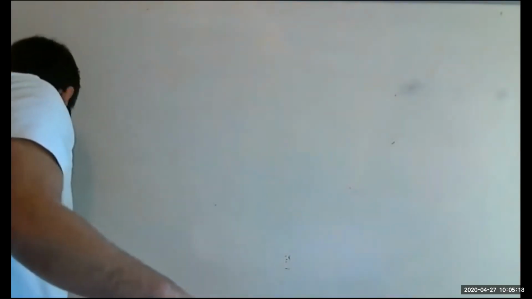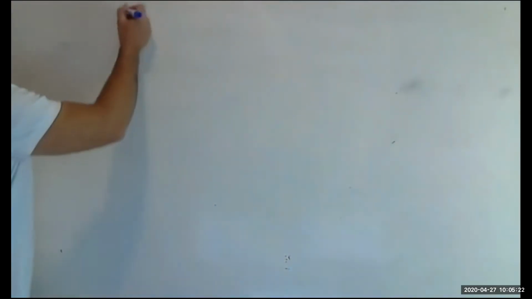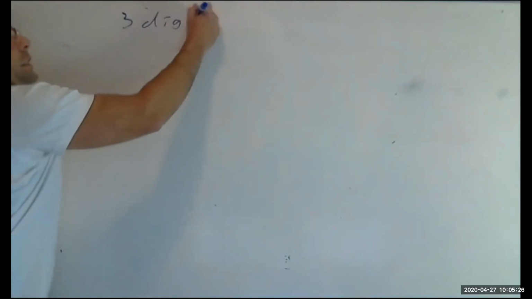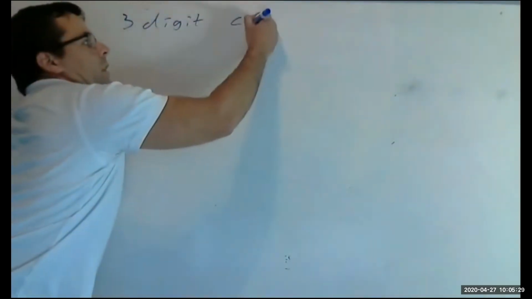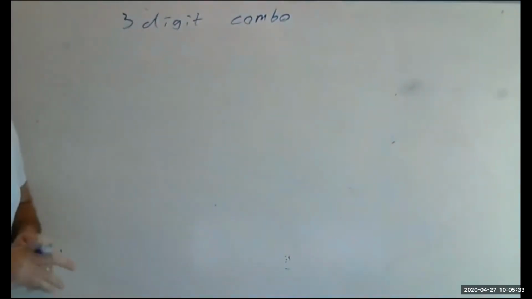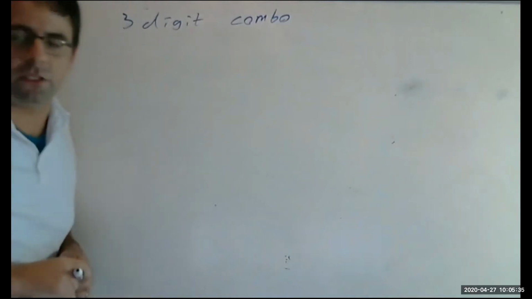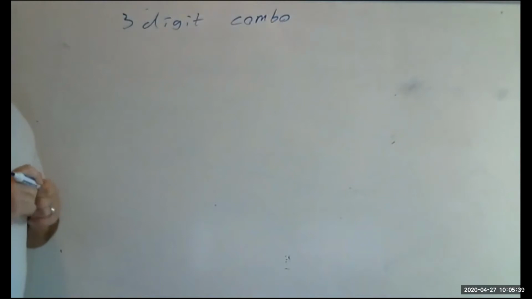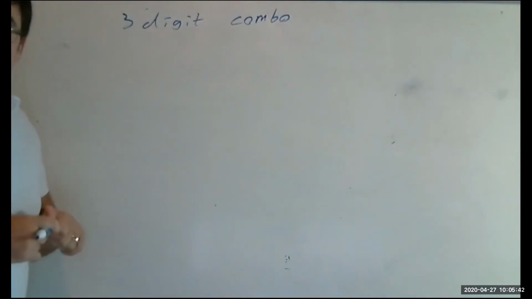So if you had, say, a 3-digit combo, how many different possibilities do you have?